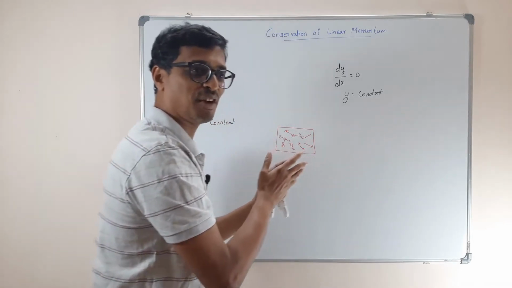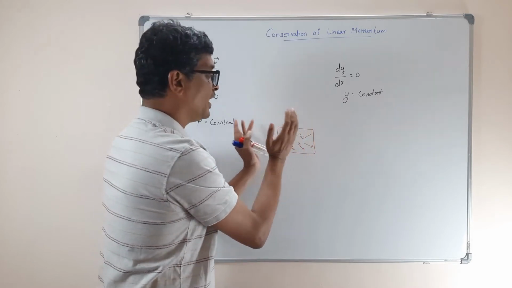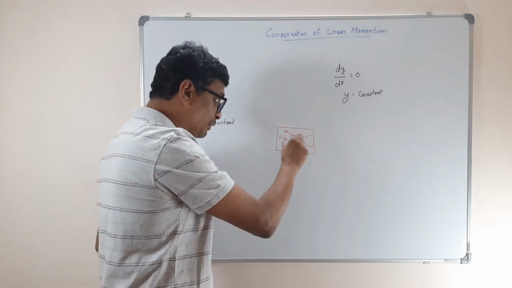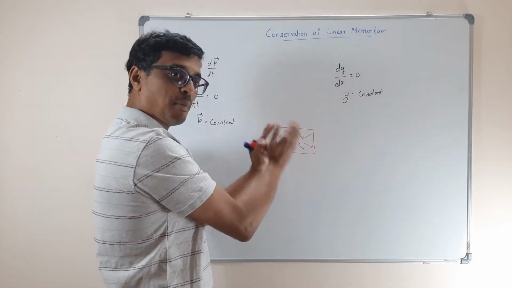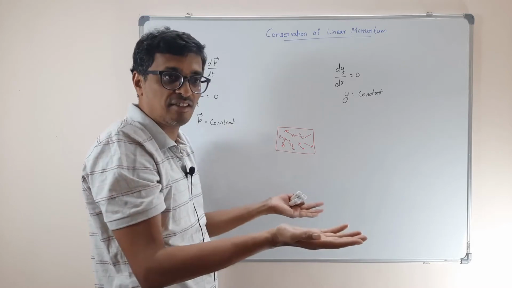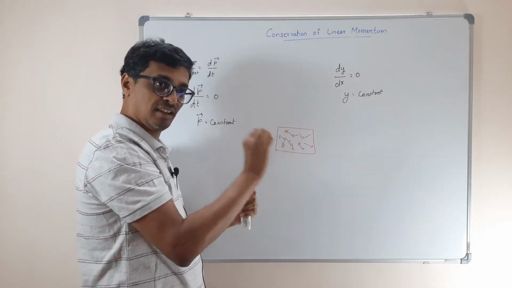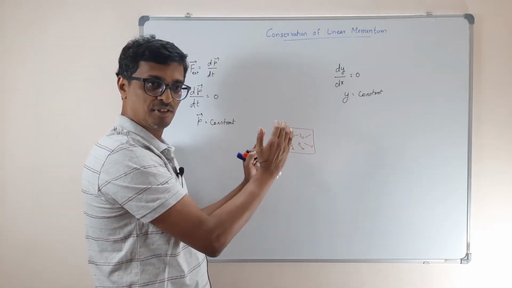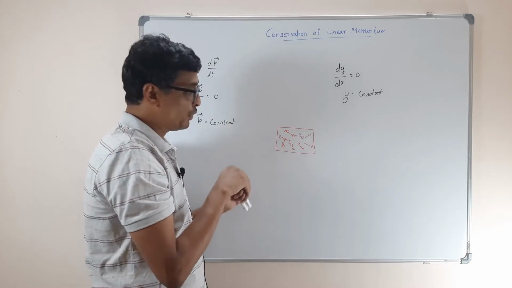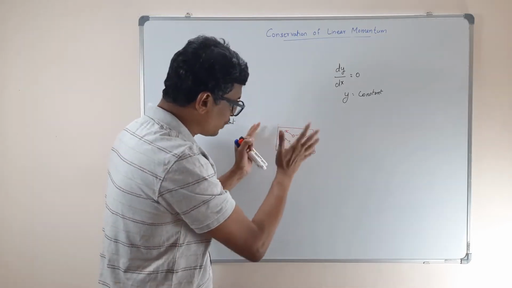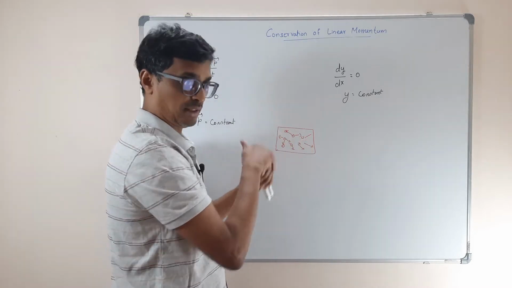The net momentum will remain unchanged even though the individual particles are moving, because there is no external force acting on it. So it is not only for an individual body, it's for a system of particles or bodies also. A system with no external force acting on it is what you call an isolated system.